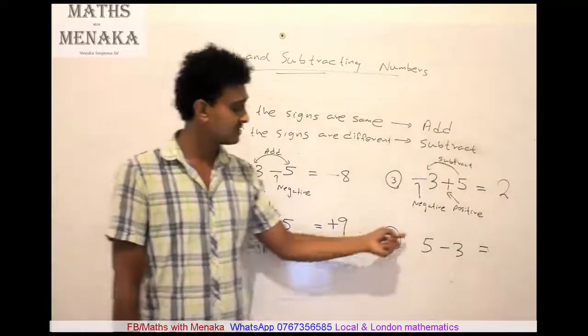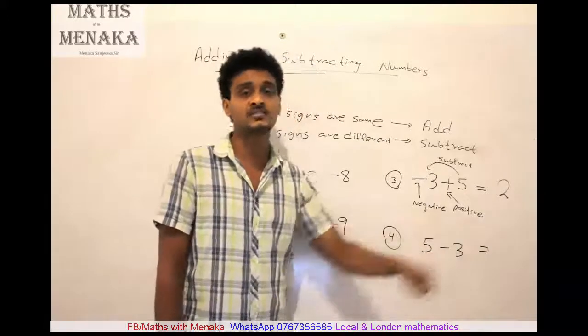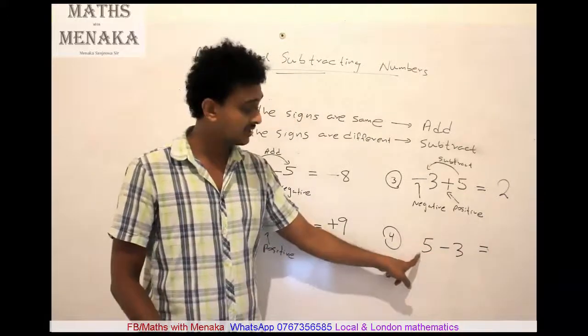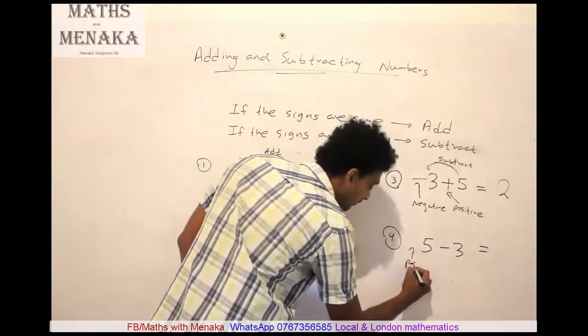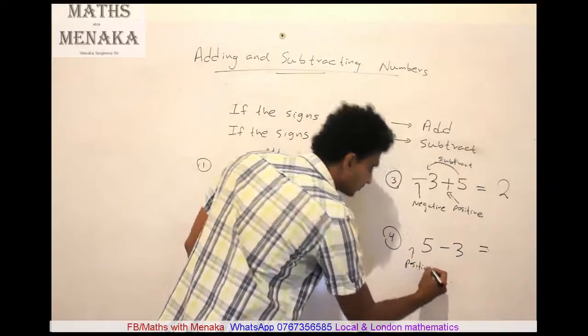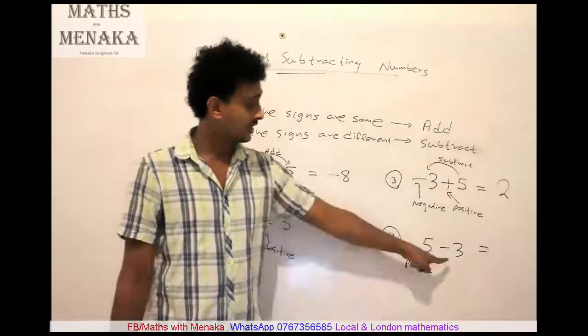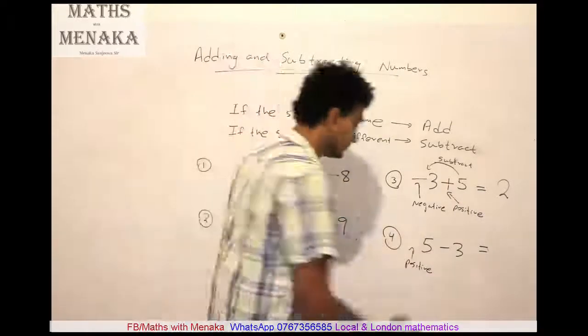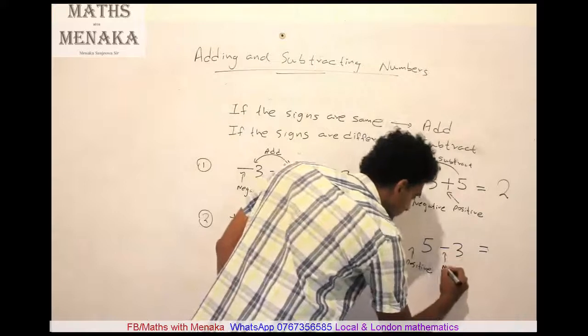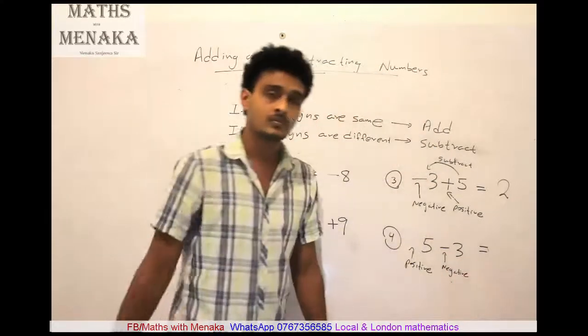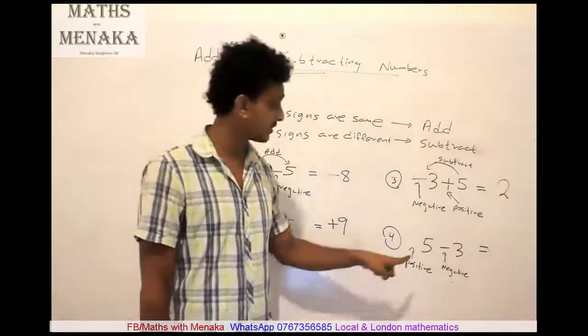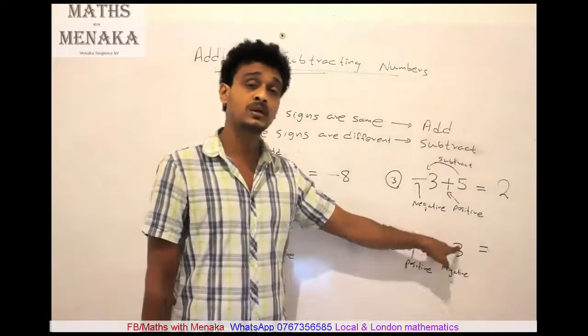5 minus 3 is 2. How does it come? The sign of the 5 is positive. The sign of the 3 is negative. So you have to subtract. From 5 you have to subtract 3.